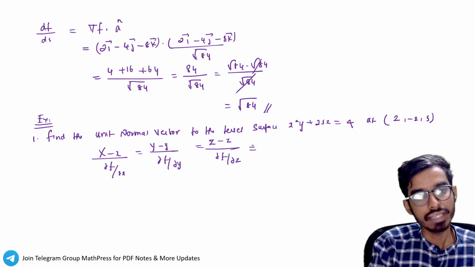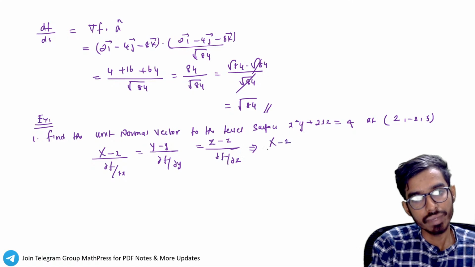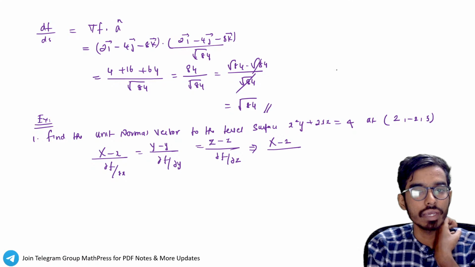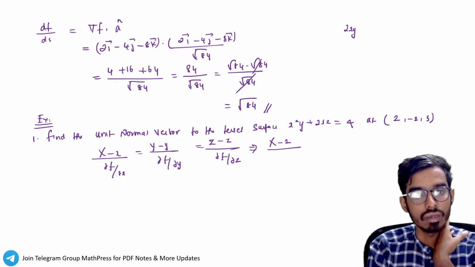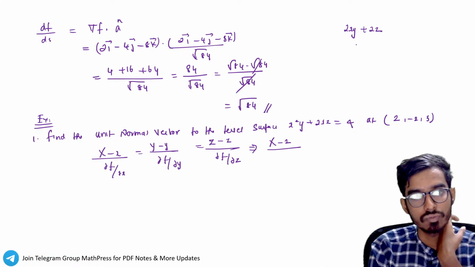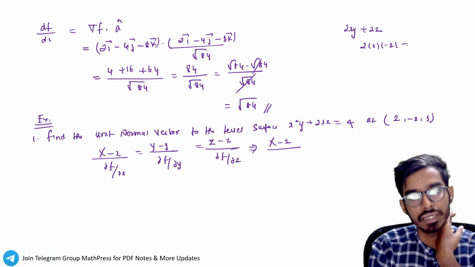Now I'll do this directly. So this will be X minus 2 divided by dou f by dou x, which will be 2xy plus 2z.